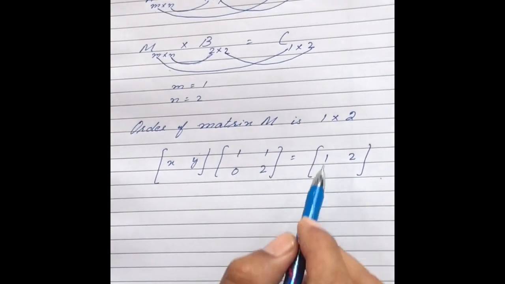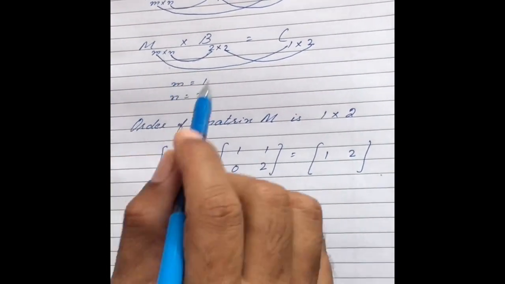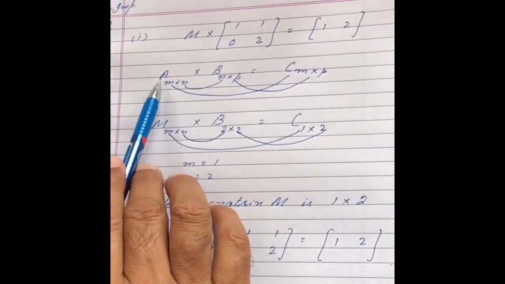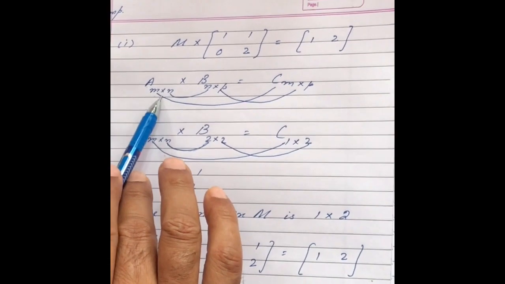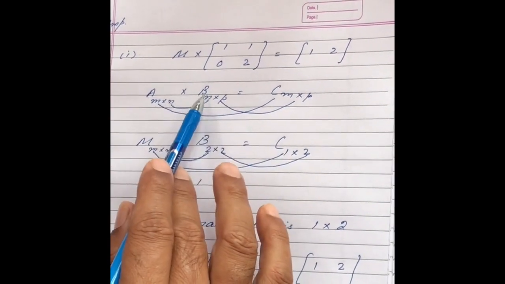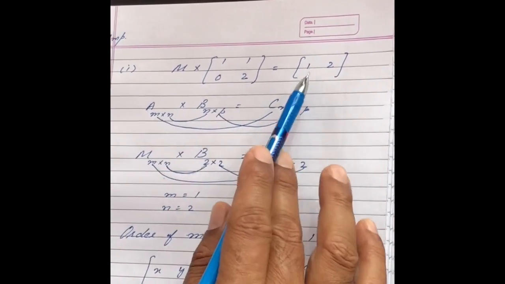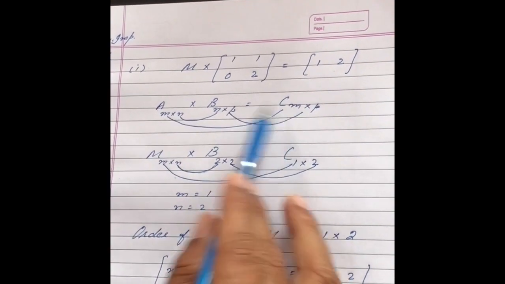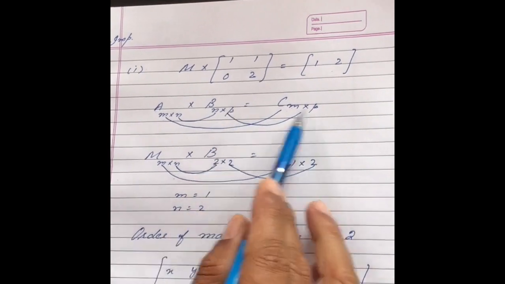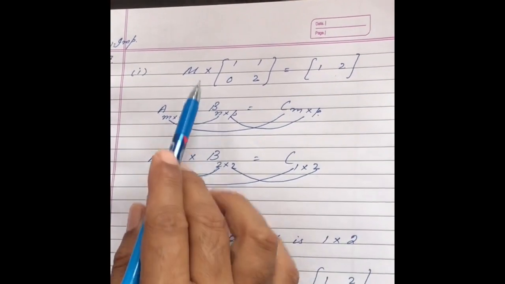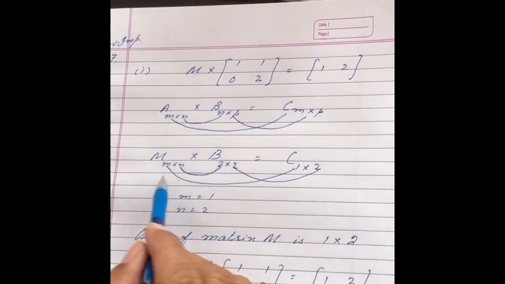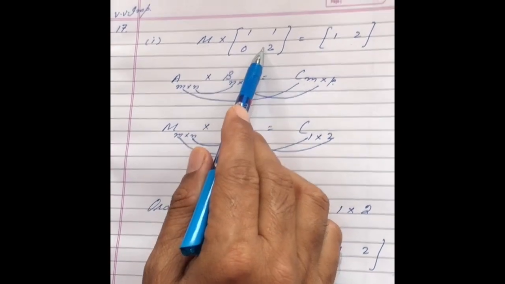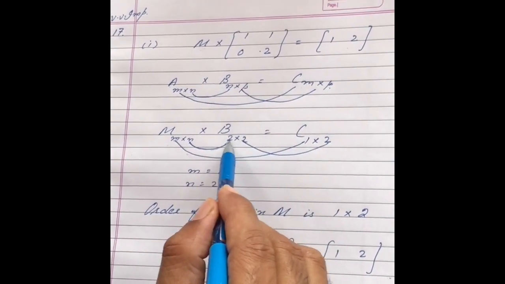Now I have to find the value of x and y. Again I repeat, if the order of the first matrix is m into n, and the order of the second matrix is n into p, then the answer matrix will have m from the first matrix, p from the second matrix. So let the order be m into n, the order of B matrix given is 2:2.